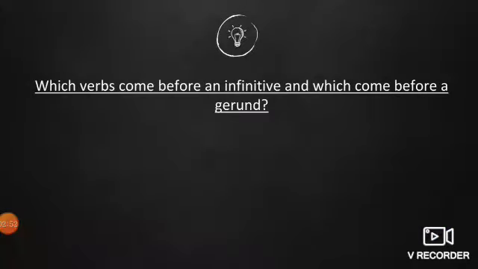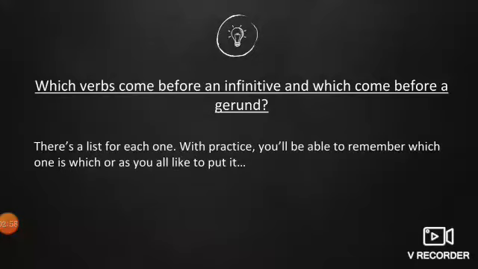So, which verbs come before an infinitive and which come before a gerund? Okay, there's a list for each one. There's a list for infinitive and there's a list for gerund. With practice, you'll be able to remember which one is which, and as you guys like to put it, the one that sounds better. So that's the best way to put it.